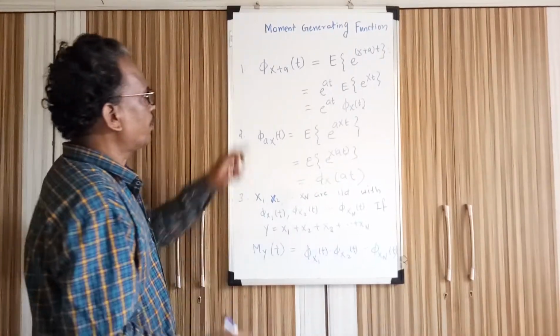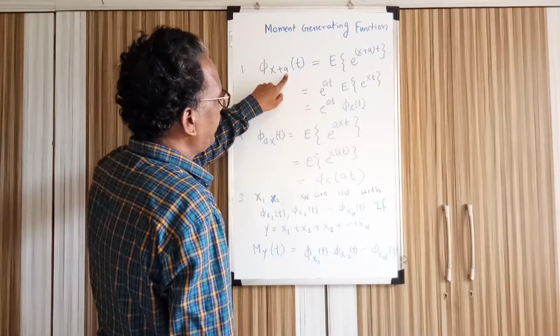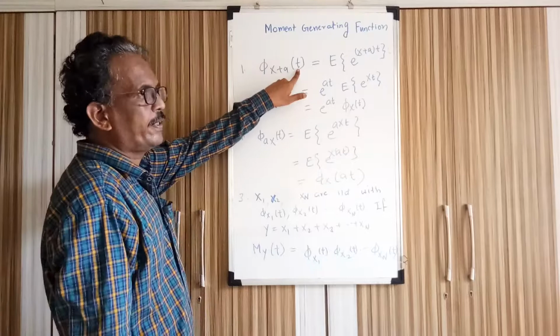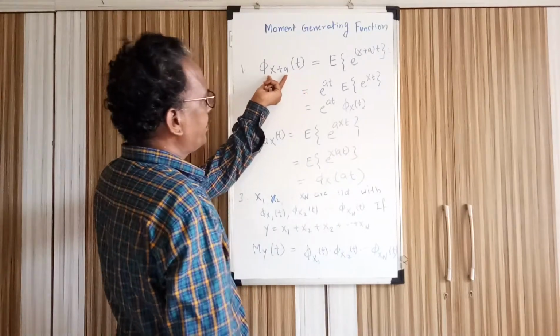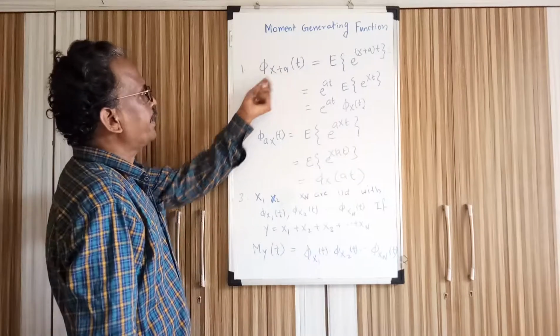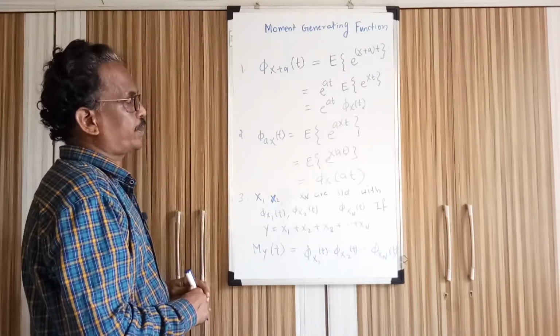Suppose instead of x it is x plus a, where a is any constant, and t is any deterministic value. In that case, what happens to the earlier moment generating function phi x of t?